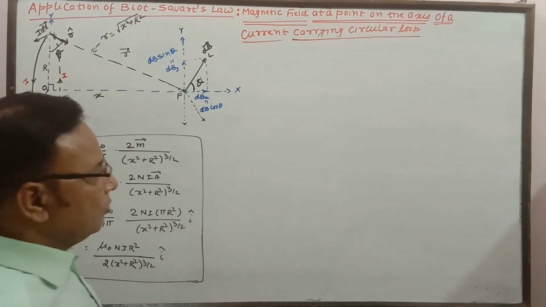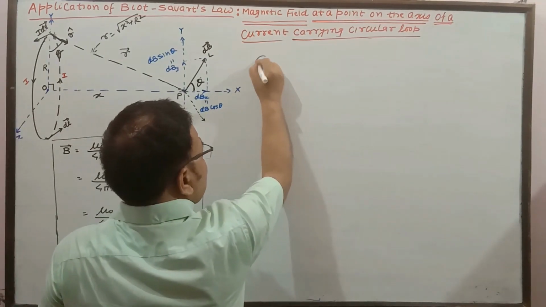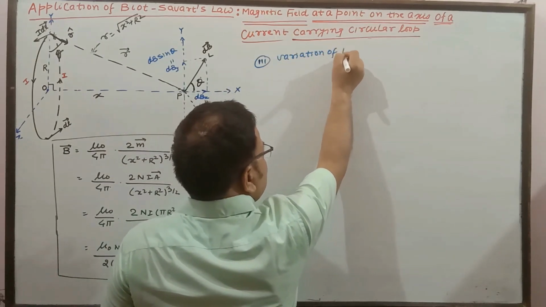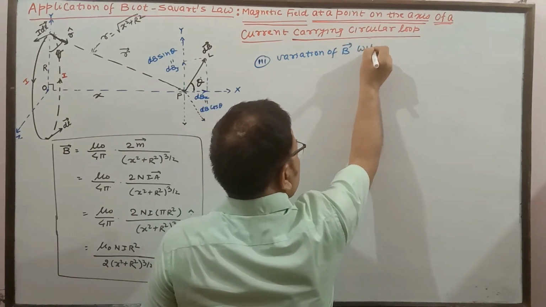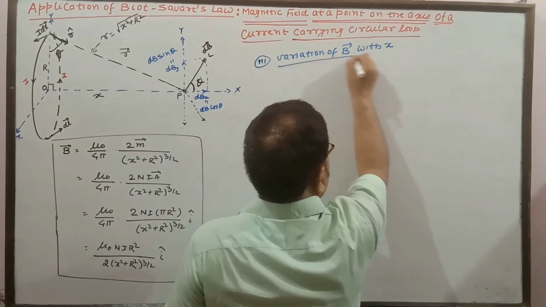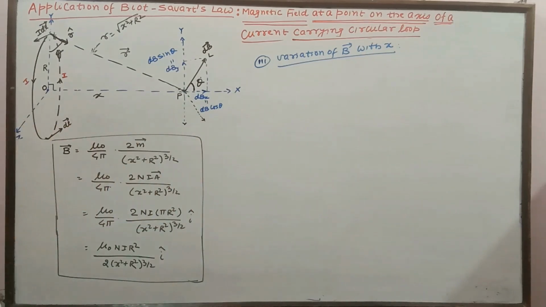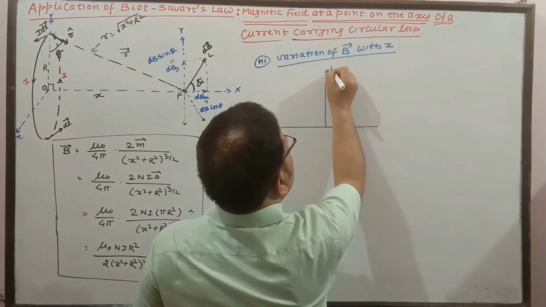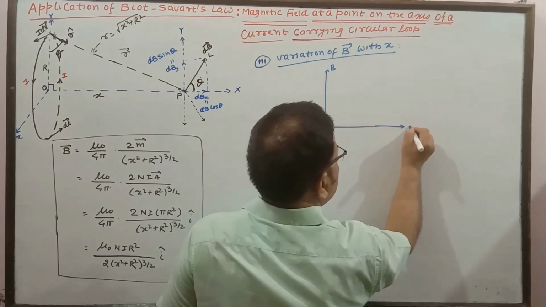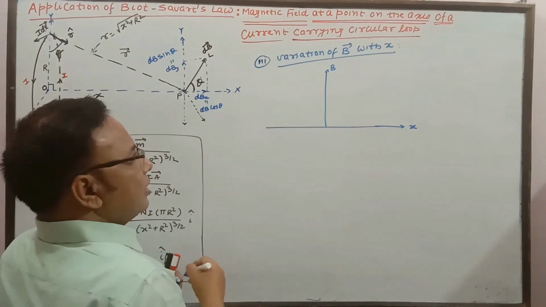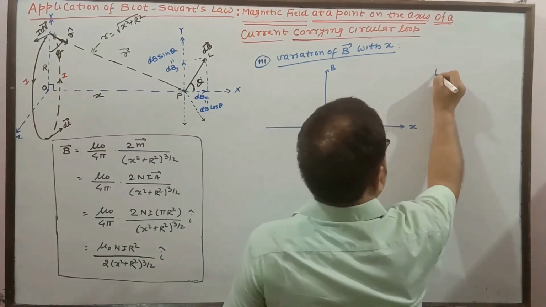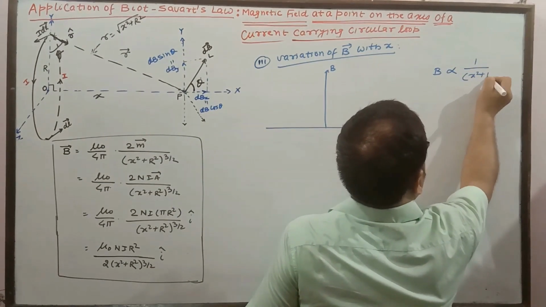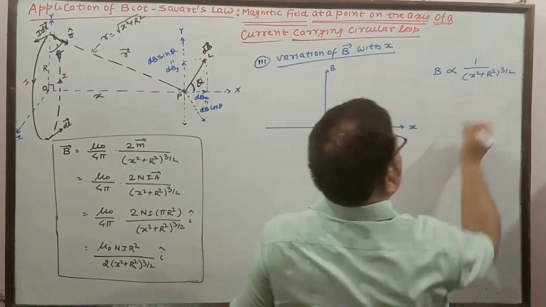The third point of discussion is the variation of magnetic field B with x, that we have to find out. So let us try to see the variation of B with x. What we see in the equation is that B is proportional to 1 by (x square plus r square) whole to the power 3 by 2.